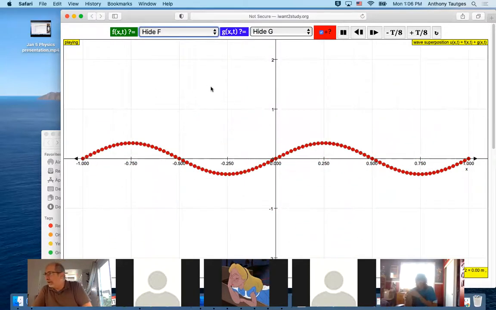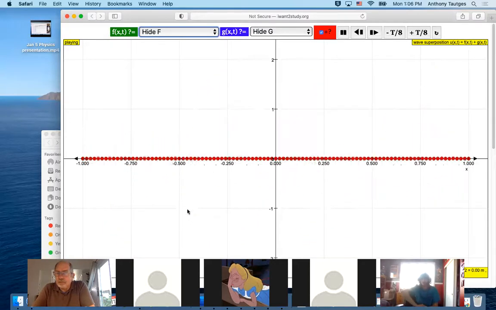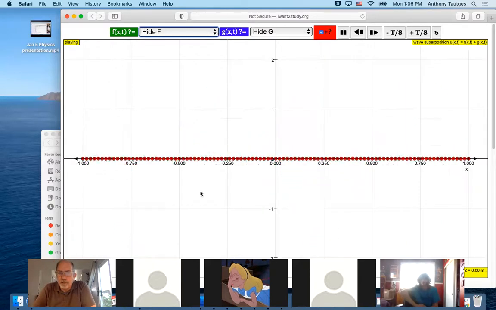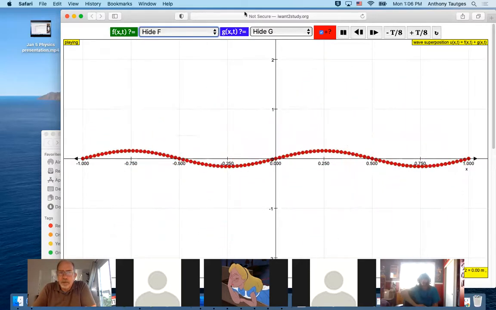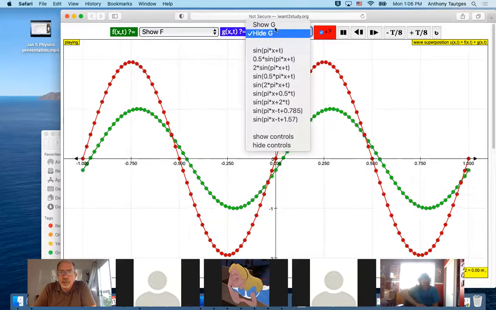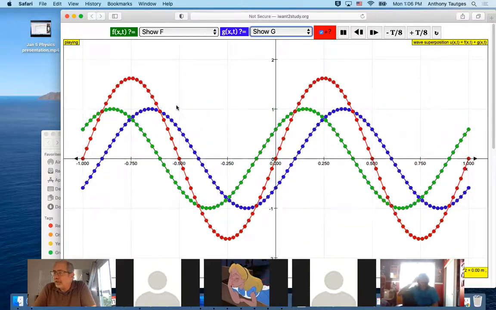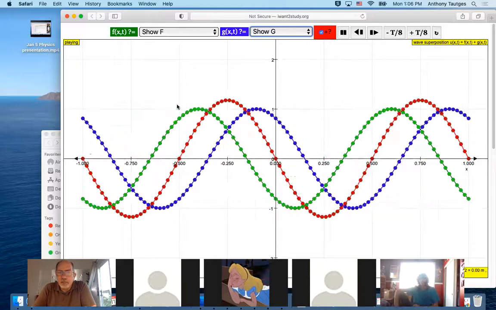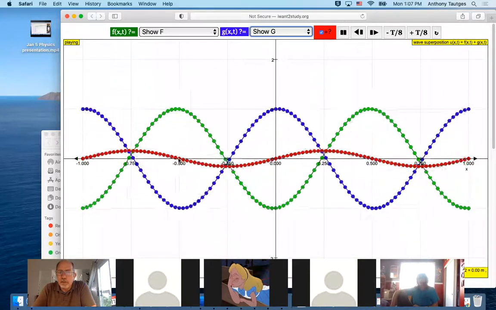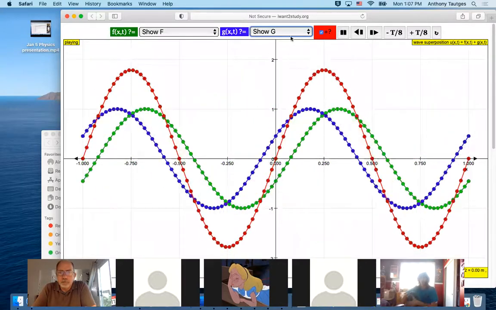We only see their superposition. So you get a wave that does this, seemingly standing still, hence the name standing waves. Now remember, these are produced by two traveling waves traveling in opposite directions on the same spring. They have equal amplitudes and wavelengths, and they produce a wave that looks like the red. All right, so I'm going to stop this.